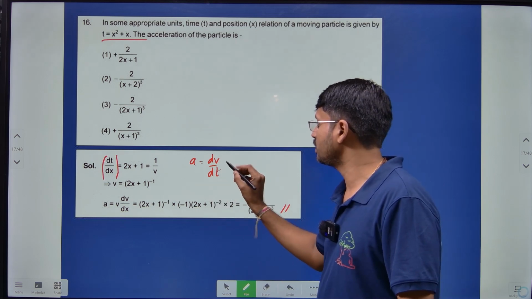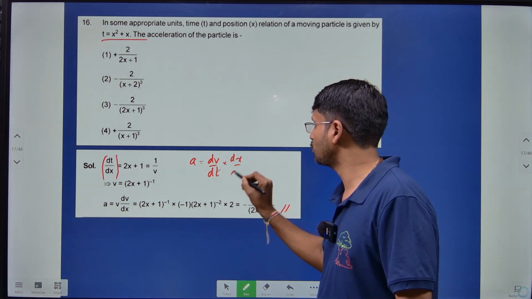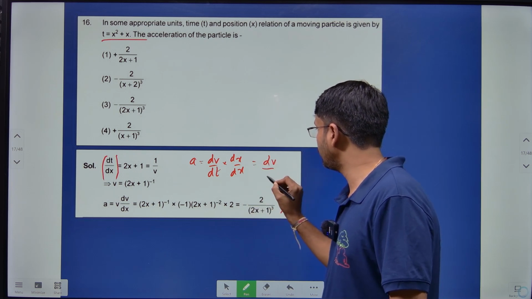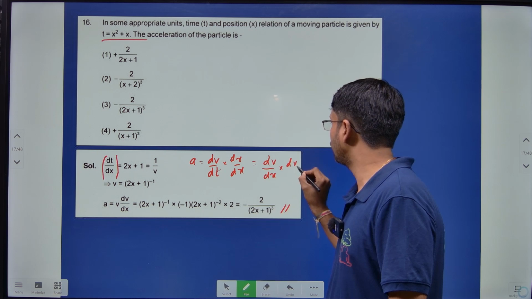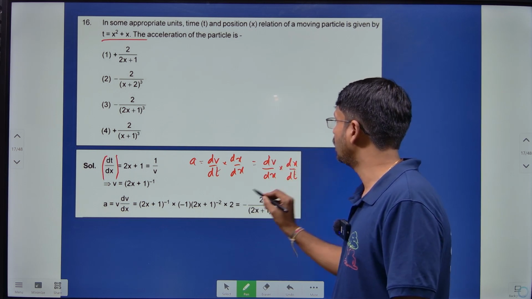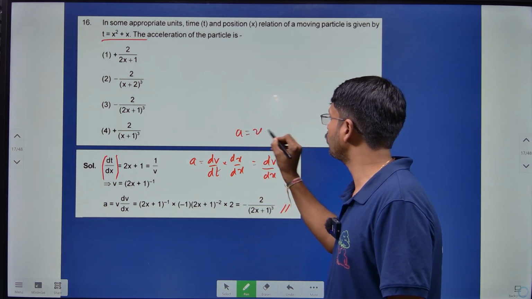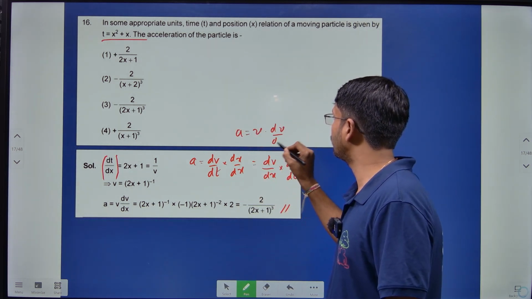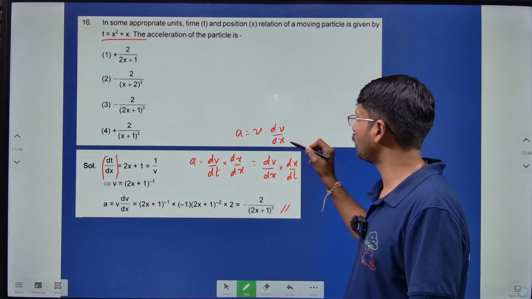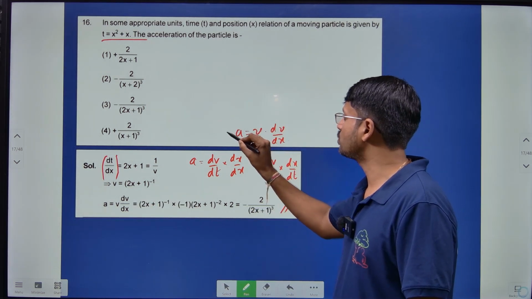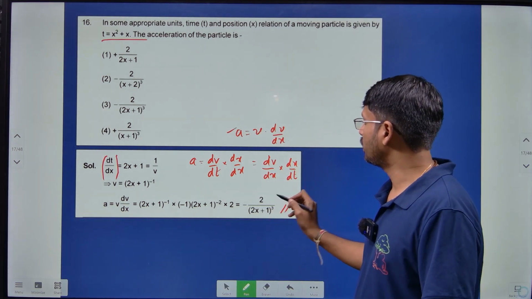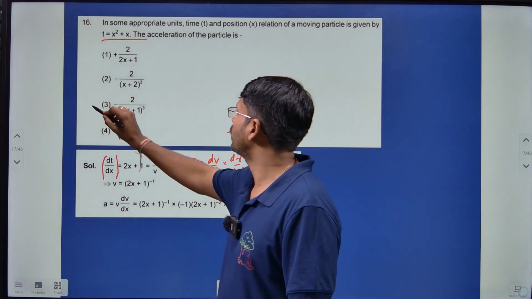For this case, we multiply and divide by dx, so we can write dv by dx multiplied by dx by dt, and dx by dt is v. Therefore a equals v multiplied by dv by dx. So we know v as a function of x, differentiate v with respect to x and multiply it by v. Then we get the acceleration, which is minus 2 by (2x plus 1) cube.